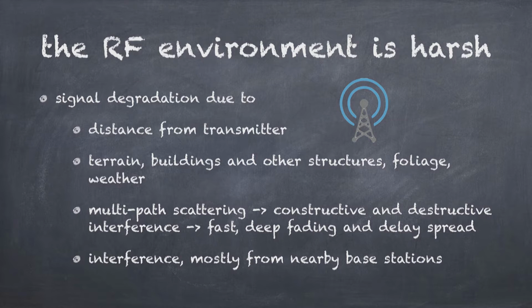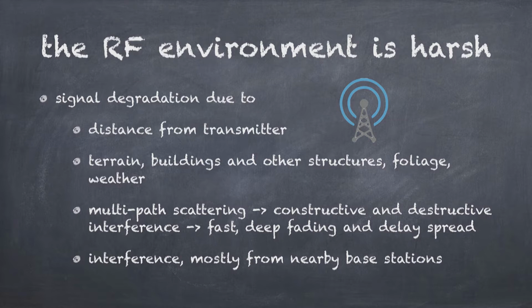One of the worst problems is known as multipath scattering, where the signal is transmitted from the base station, but before it reaches your device, it bounces off several buildings or other structures, and it arrives at your device. The signals are RF waves, and so they can have constructive and destructive interference. The destructive interference, of course, is the really bad one.